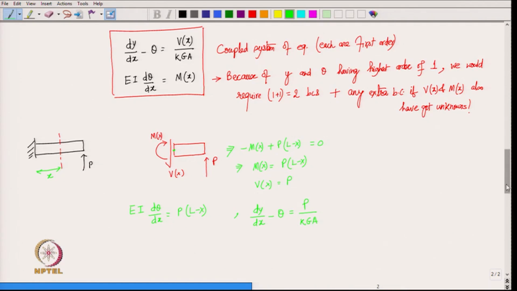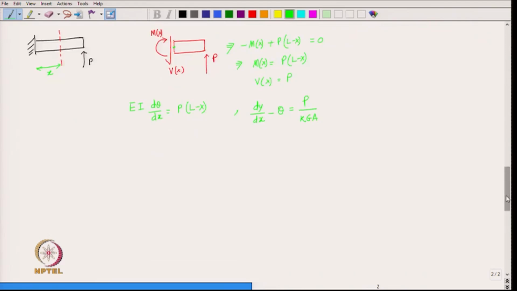All right. Let us now integrate the two equations. So, if we integrate this, we get θ equal to P by EI into Lx minus x square by 2 plus an integrating constant C1, right. Now, we can use the boundary condition. So, what boundary condition exists here?